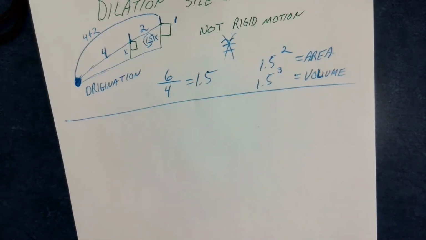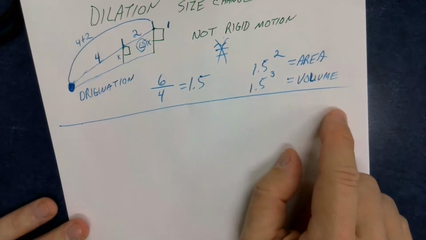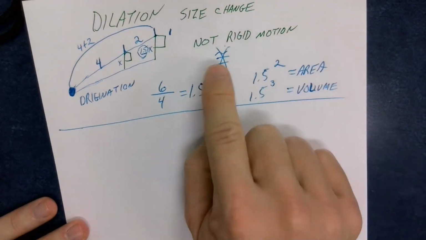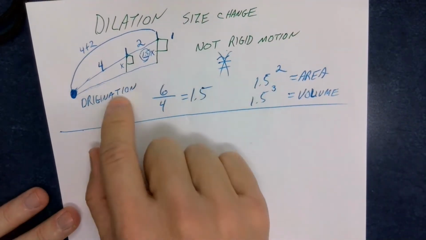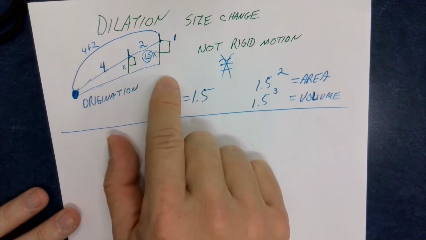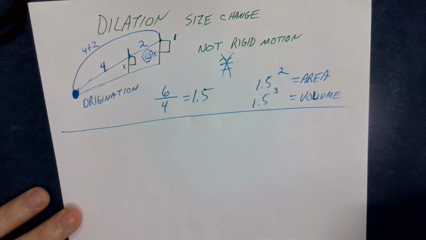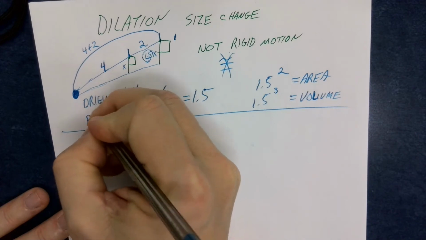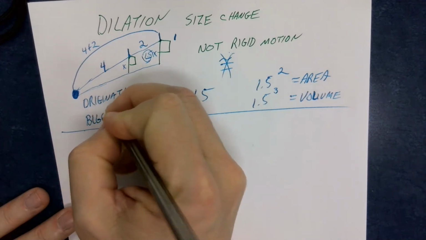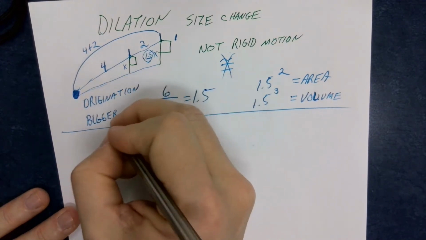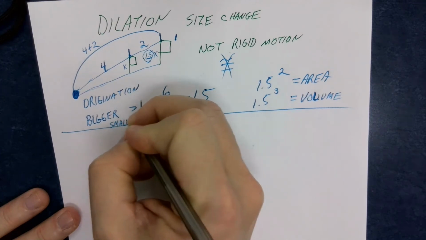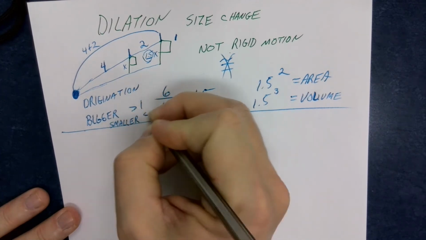One of the classes, I think we talked about it. I don't know if it was this one or not. Okay, so those are dilations. Those are not rigid motions because they're not congruent, but they are one of our transformations. Good deal? And they can get bigger if the scale factor is greater than 1, and they can get smaller if it's less than 1.